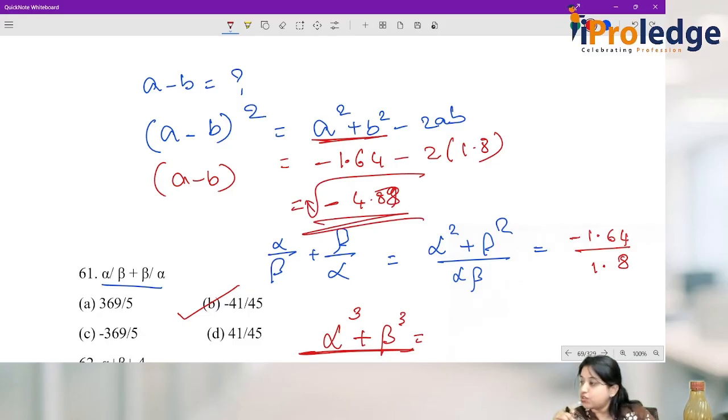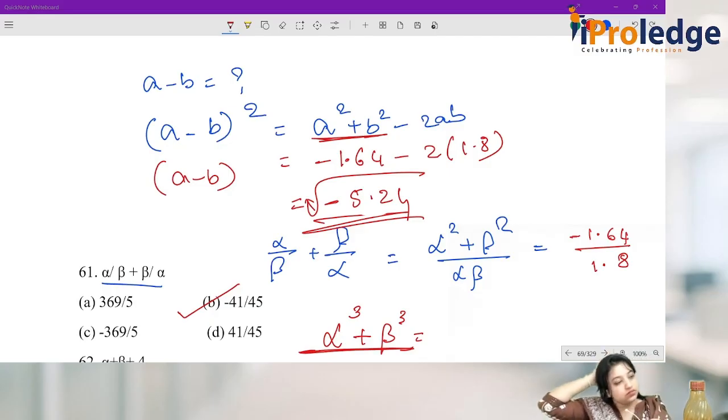Got it, how to do a minus b? 5.24, don't take the root inside, you have to add. 5.2. Understood how to do a minus b? Done. Now with a minus b and a plus b both you can do a square minus b square. There are many ways.